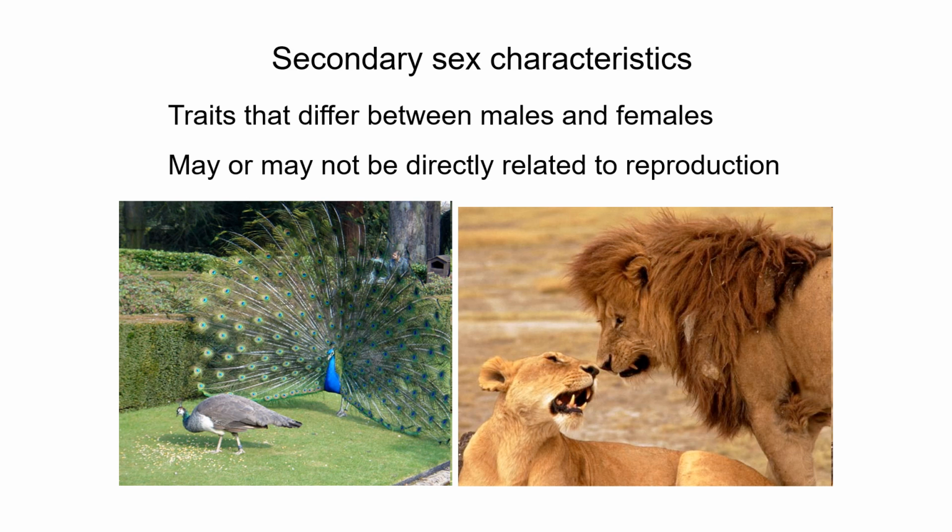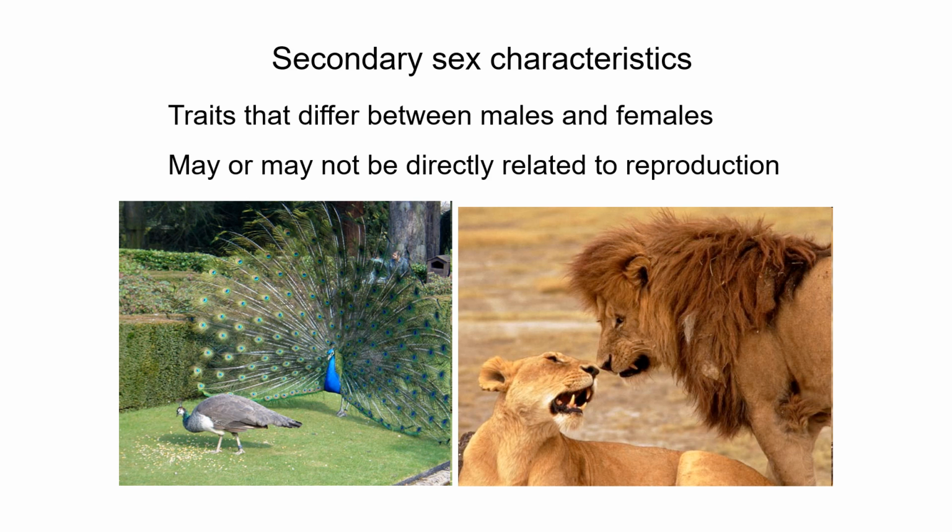So secondary sex characteristics are these traits that differ between males and females. And so we see two different species here that exhibit pretty dramatic secondary sex characteristics. It makes it very easy to distinguish male from female.